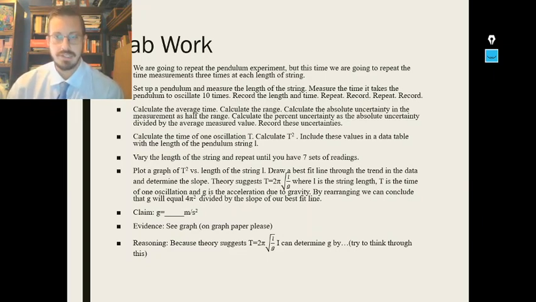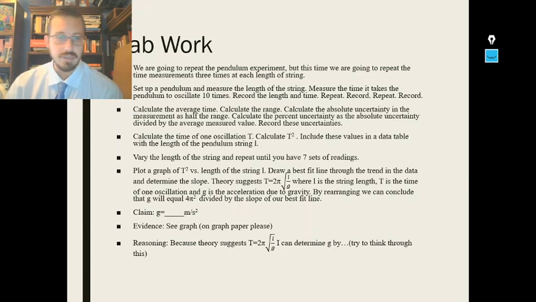Now, theory suggests that the time of oscillation for a pendulum is equal to 2 pi times the square root of the length of the string divided by the gravity field strength, g. So we're utilizing that equation in order to determine the local gravity field strength, g.